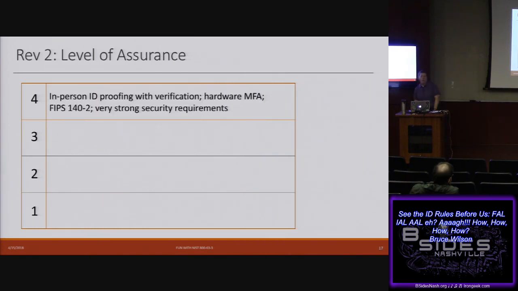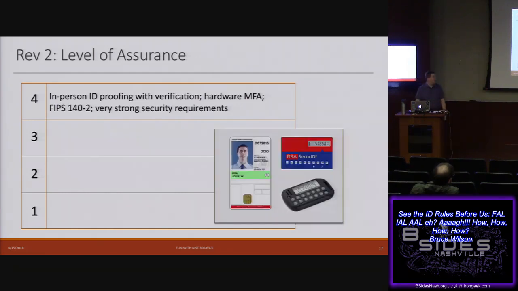LOA 4 used very strong in-person proofing, had a very hard requirement. You cannot do a remote registration to give somebody a credential at LOA 4. That had to be an in-person registration. Hardware-based multi-factor authentication that is validated at FIPS 140-2, level 2, and some very strong security requirements.